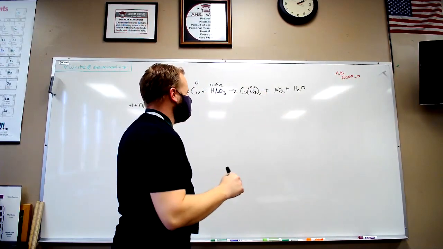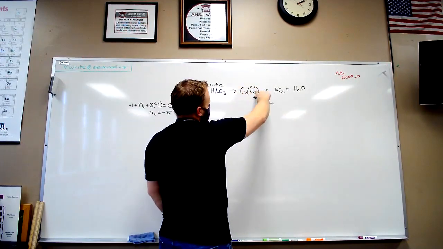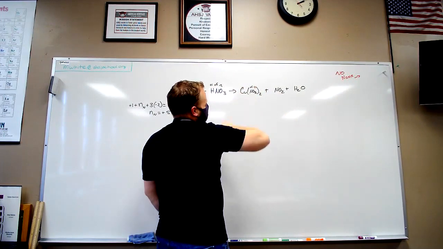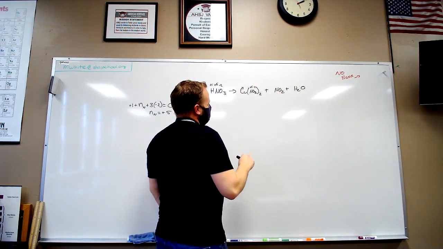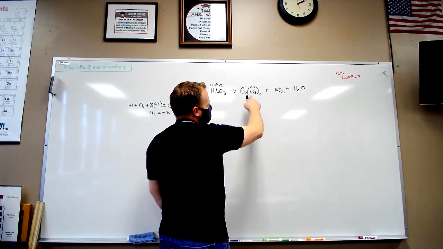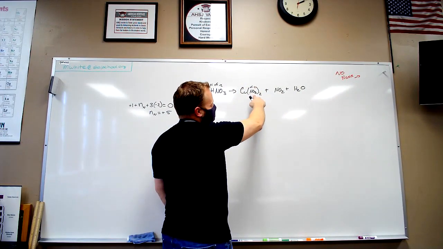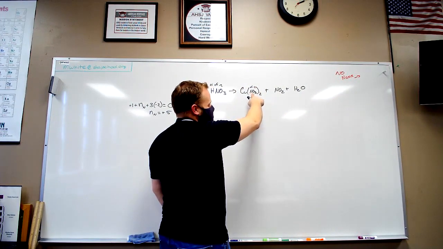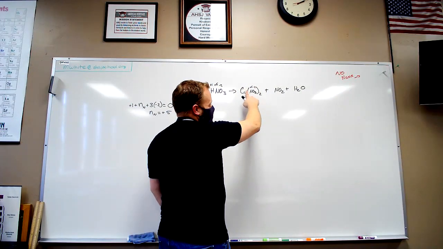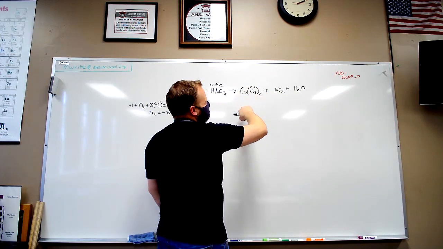And then we can look at this as a whole and figure out copper, because we know we have 2 of these, 6 total of those. So that's going to be +10, it's going to be -12. But the whole thing has no charge.